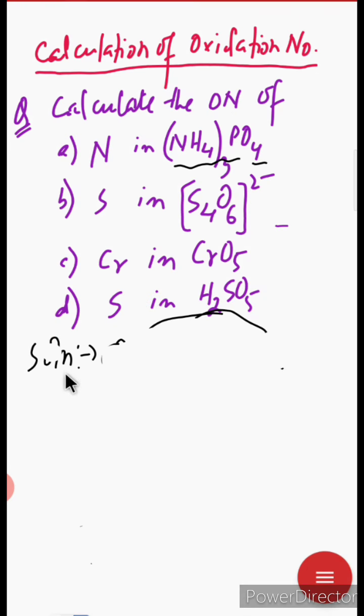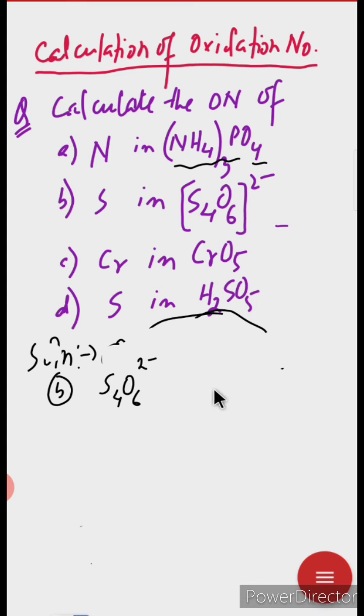In the second question, B, sulfur in this ion, S4O6 2-. For this we need to draw the structure of this ion.